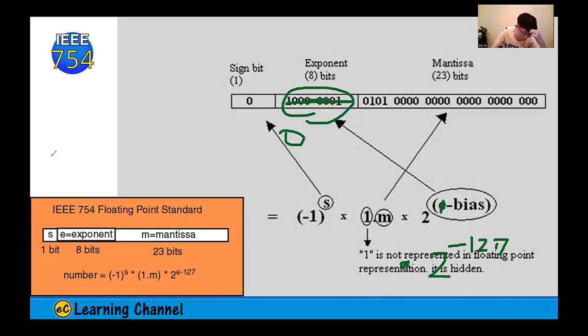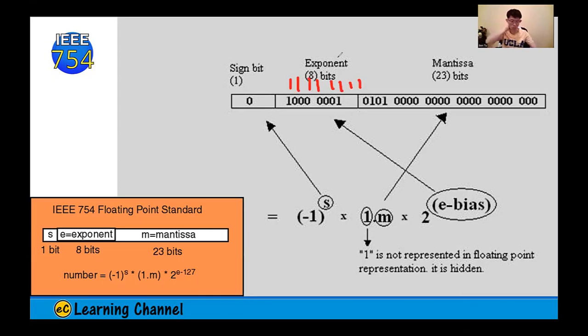But if right here you got 11111111, that's 255. 255 minus 127, you get 128. So it's 2 to the power 128.